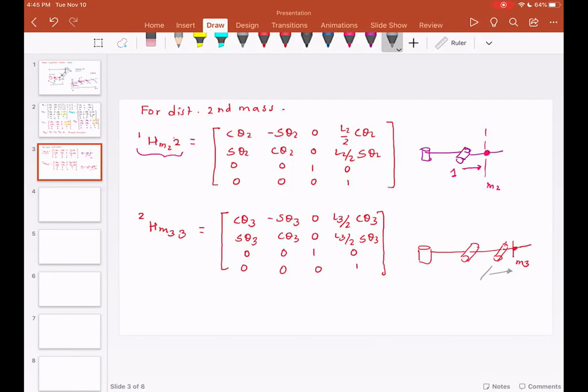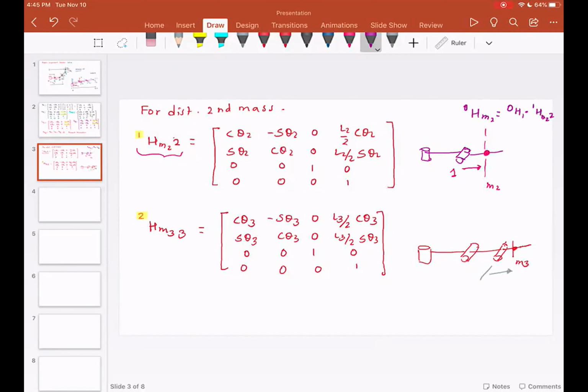Now, finally, please note, I have these with respect to 1 and with respect to 2. So when I'm trying to find out the absolute distance, I need to do 0HM2, which is 0H1 multiplied by 1HM2.